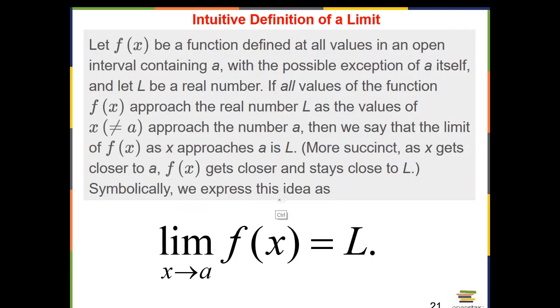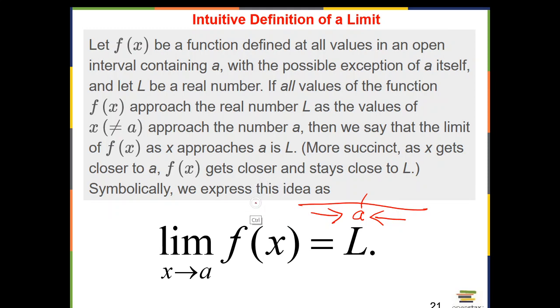Again, we don't care about the value itself at a. The function maybe is not even defined at a. We just care about what happens to the function values when you approach input values from right and left. Of course, in calculus 1, the input value is only one variable.